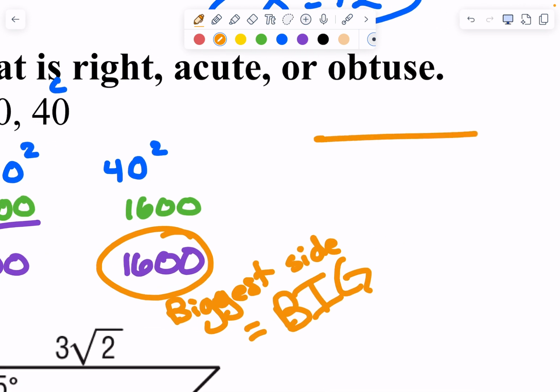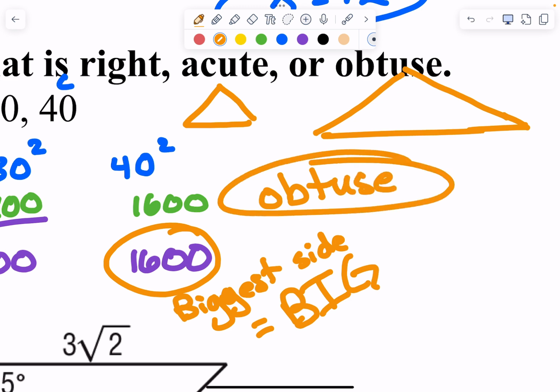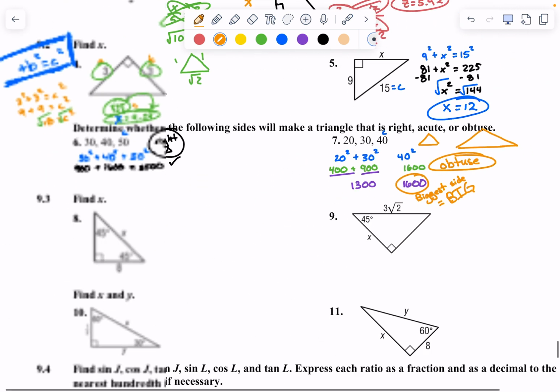Obtuse is going to have a really big side, right? Acute is going to have a tiny side, even if the biggest side is whatever, right? So this is obtuse. Does that make sense? My biggest side is a really big side, so it's obtuse. Got it? Beautiful.